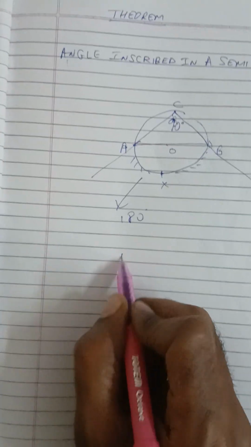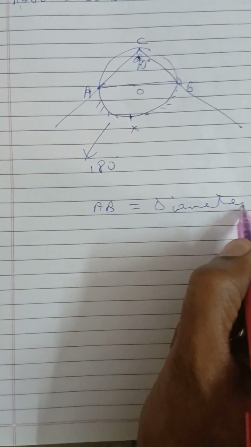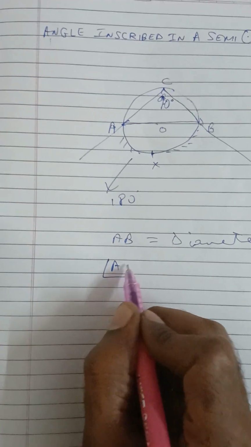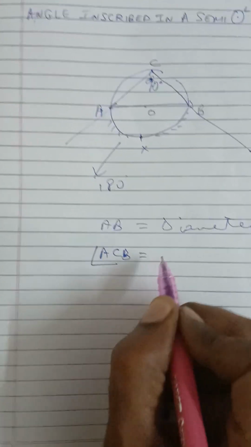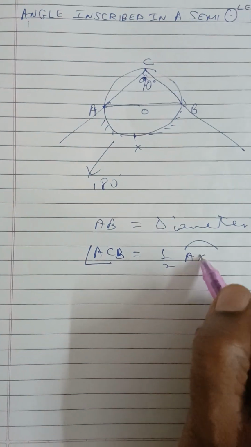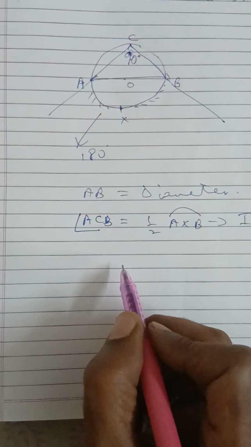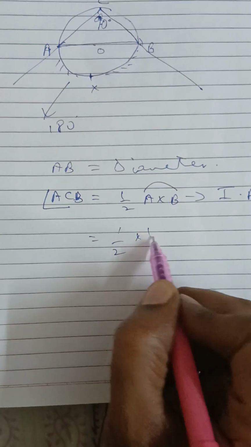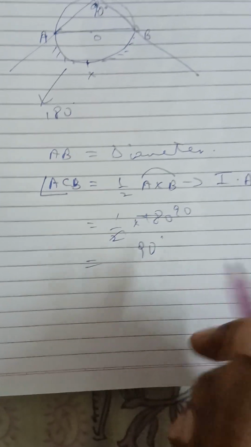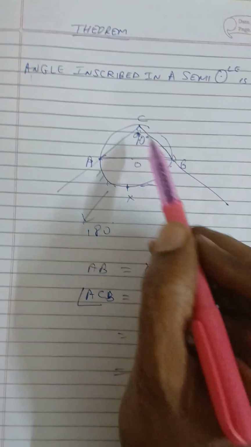So first I will say AB is diameter, then I will say angle ACB is equal to half of arc AXB, inscribed angle theorem, that is half into 180, that will give me 90 degrees. Hence I will get angle inscribed in a semicircle is a right angle.